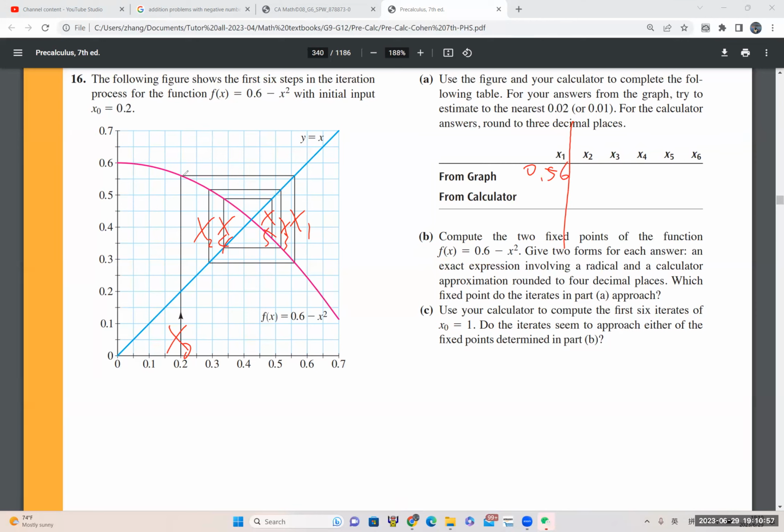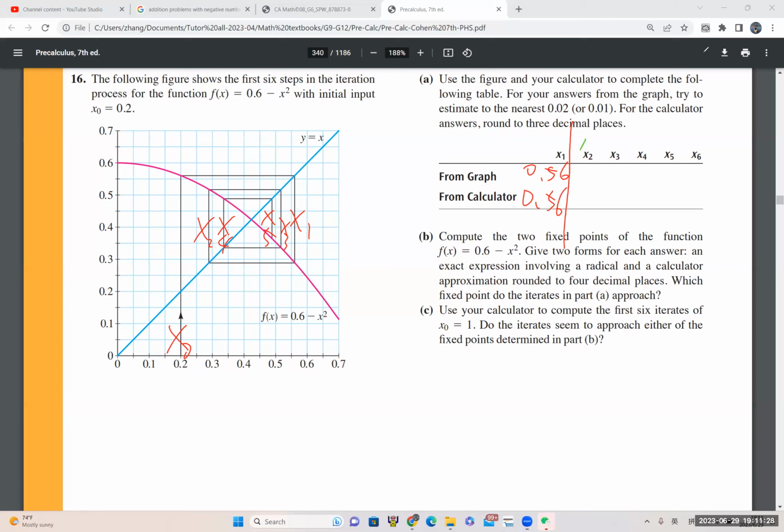Then from the calculator, let me do it. 0.2 squared, 0.04, plus 0.6... Yeah, so I get exactly the same answer. Right.